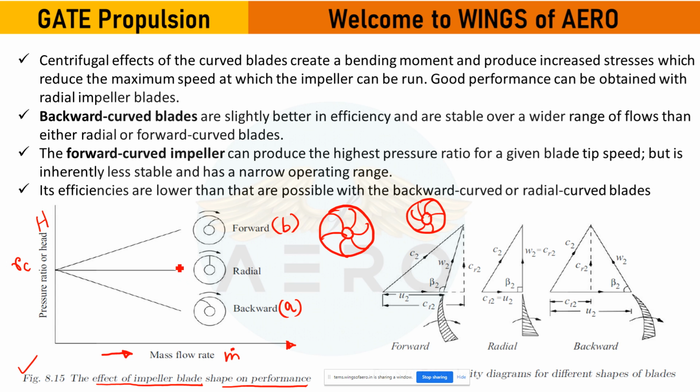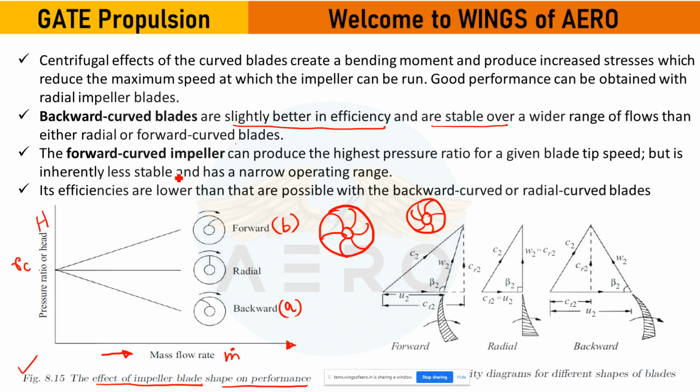Okay, now what is the difference between the backward curved blade and the forward curved blade? So it is very clear that the backward curved blade will be slightly better in efficiency, and the most important thing, it is more stable compared with the radial and the forward curved. And among these, which one can produce the highest pressure ratio?